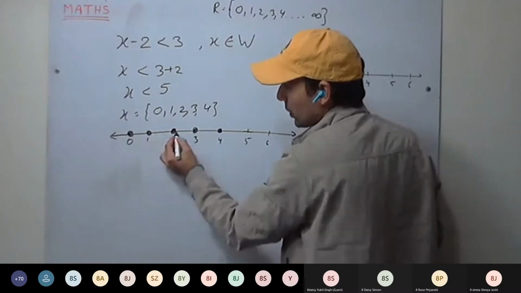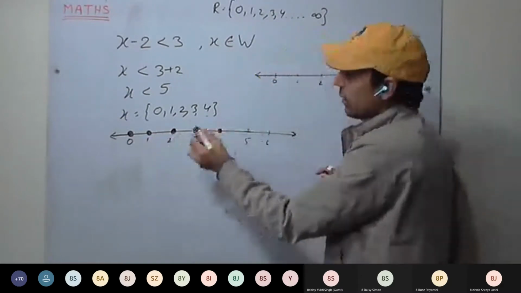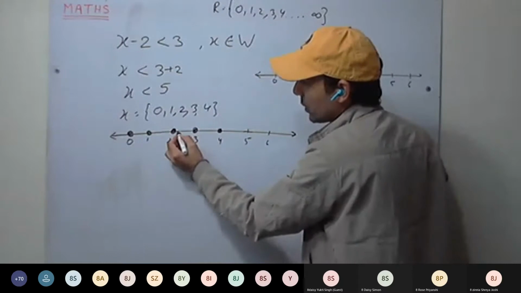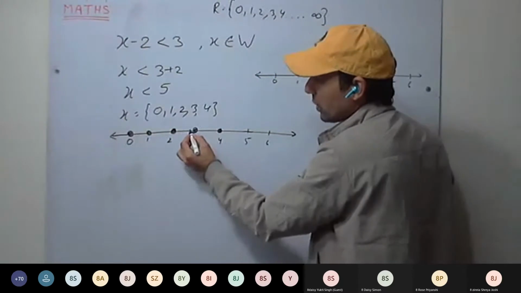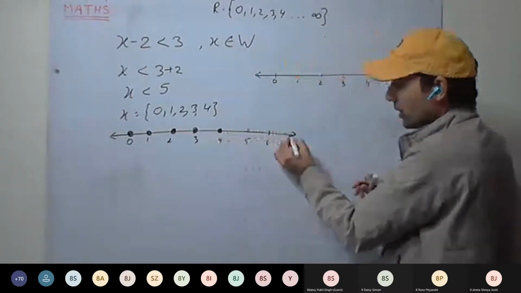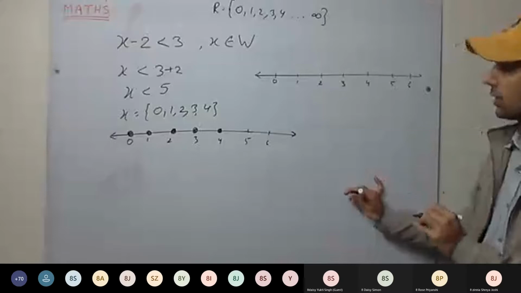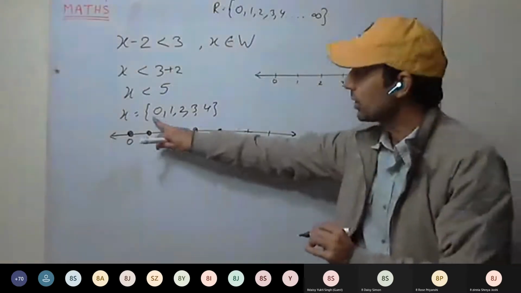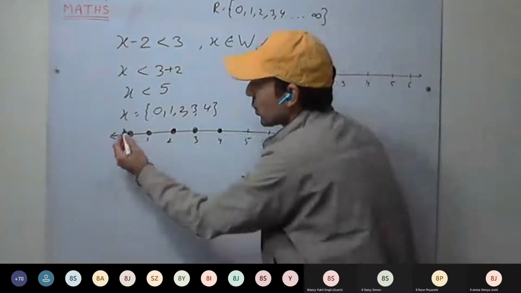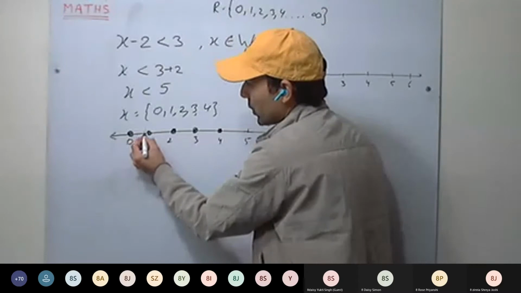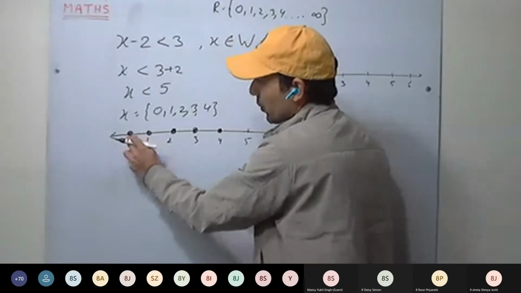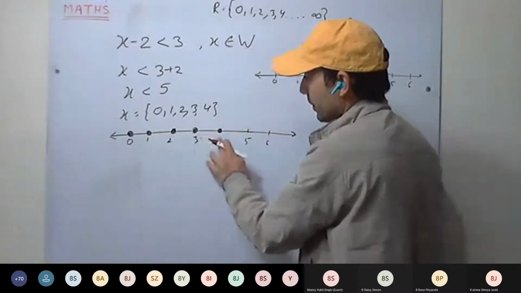Here as well, it will take only the value 2. Understood? So it can take only 0, not 0.1 or 0.2 or 0.3. So we'll mark these points.